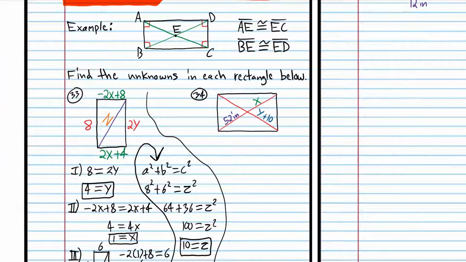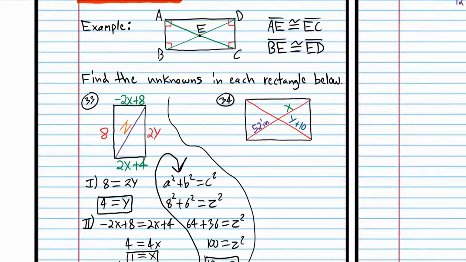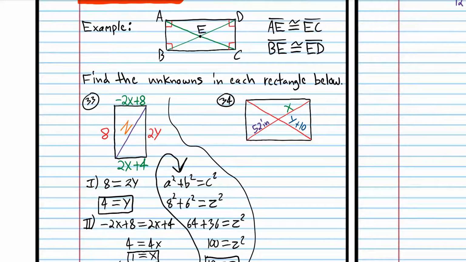All right, let's do one more of these before you try one on your own. There's not really a lot we have to do on rectangles because they're fairly easy. But diagonals of rectangles are congruent. And we also know, because rectangles are parallelograms, the diagonals bisect each other. So that means that all these lengths are congruent, as you might expect.